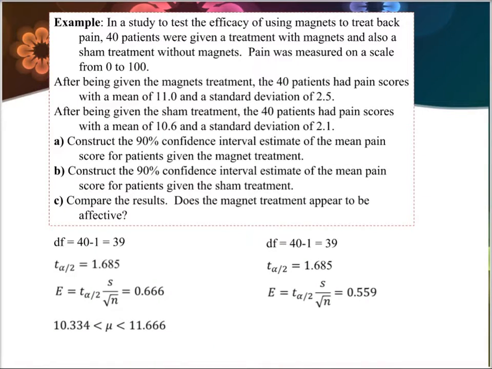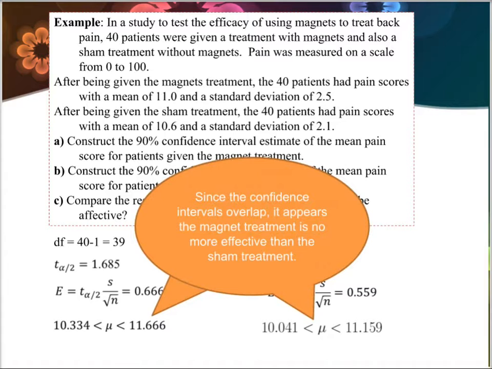Now taking that margin of error and adding and subtracting it to their mean, that is the mean of 10.6, we get an estimate of the population mean to be 10.041 to 11.159.